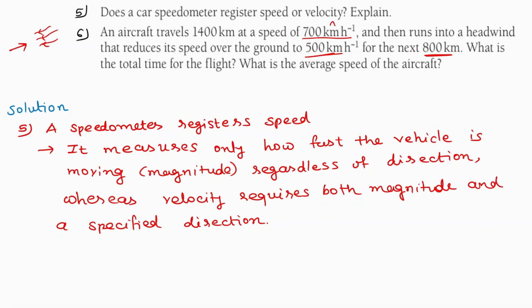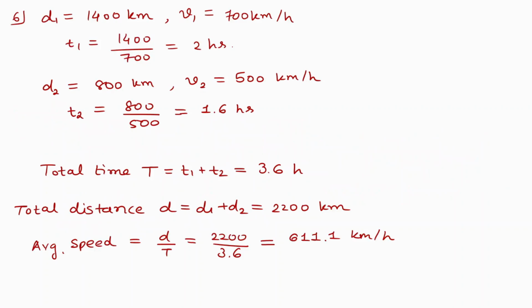So we have a velocity, we have a distance. You know the formula. We have D1, the first 1400 kilometer at a speed of 700 kilometer per hour. So the time to travel this distance at this speed is 2 hours.